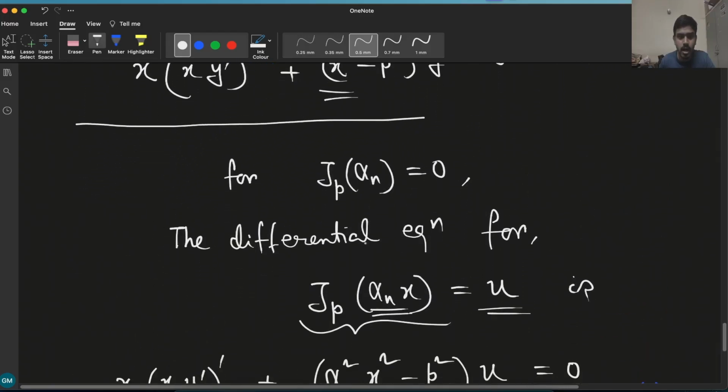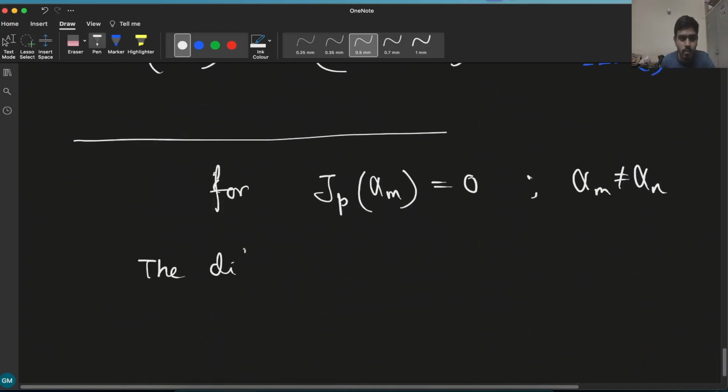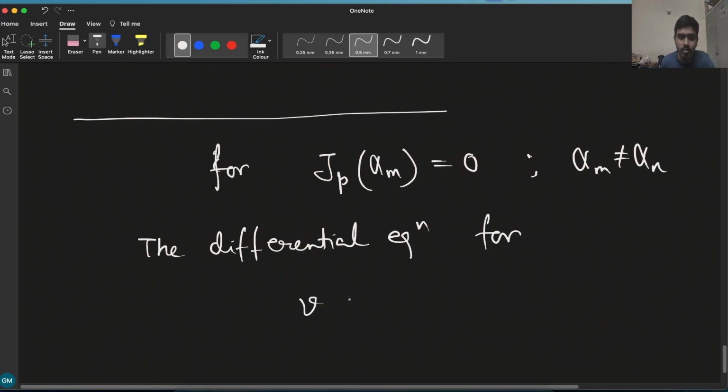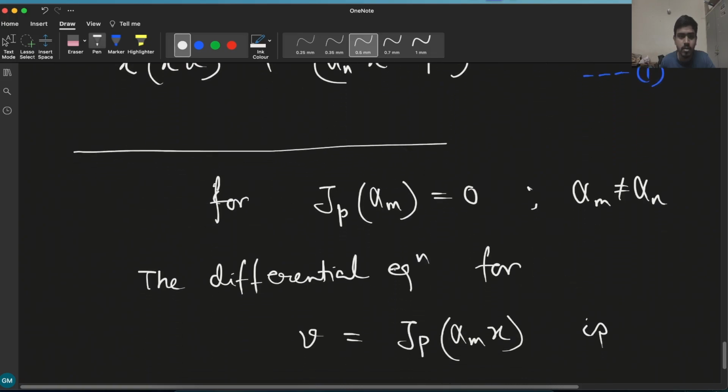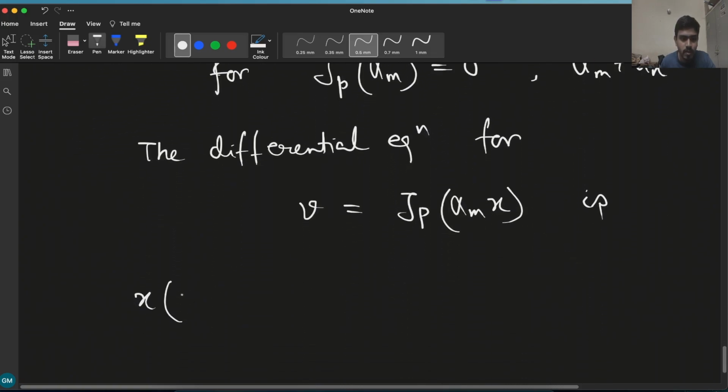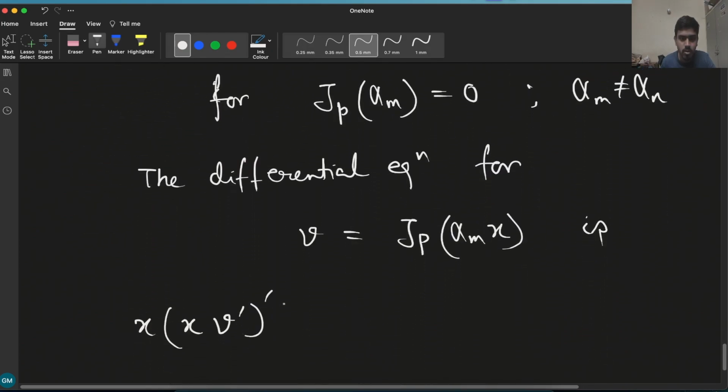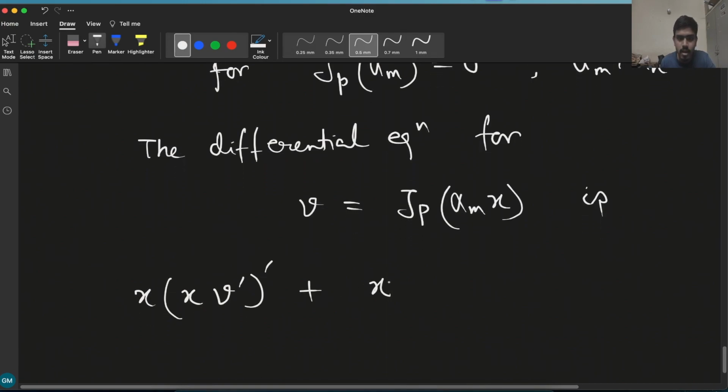In that case, the differential equation for the newly defined function, let me call it v, which is Jp of alpha m x, is x times (x v dash) whole dash plus (alpha m square x square minus p square) times v equals to 0.